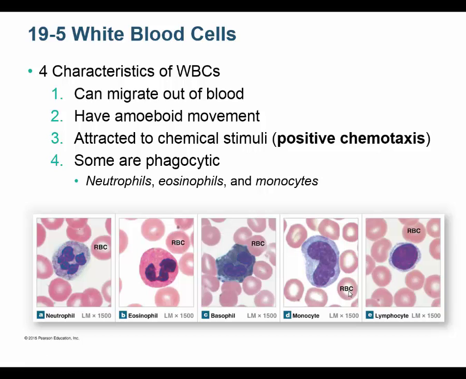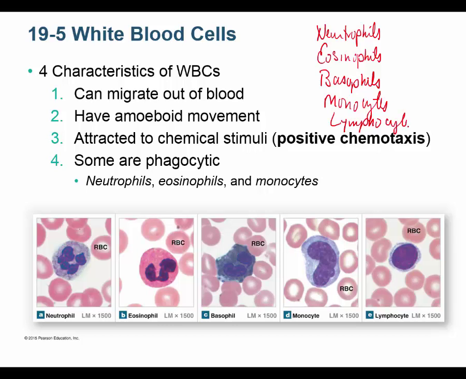There are five types of white blood cells, and those are neutrophils, eosinophils, basophils, monocytes, and lymphocytes.